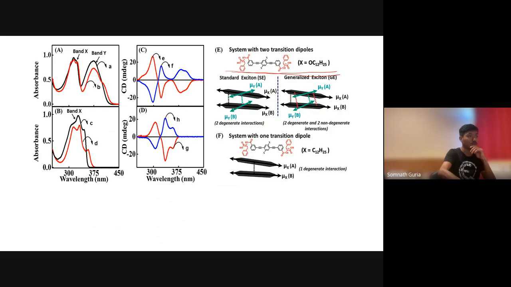Now this red curve is of that particular molecule in a methanol-water mixture, 70% methanol and 30% water, and this is 100% methanol.